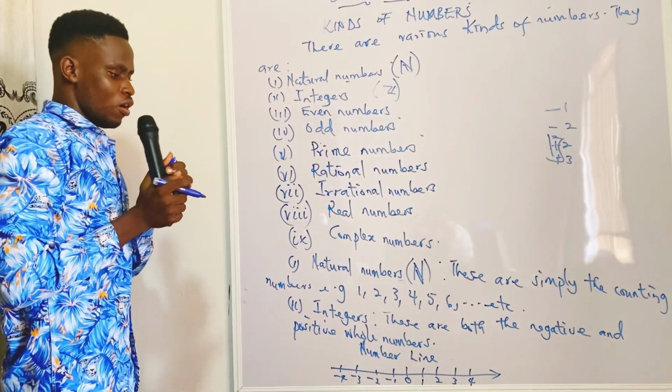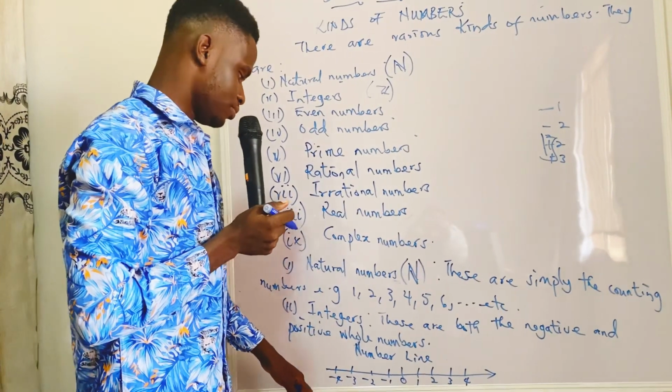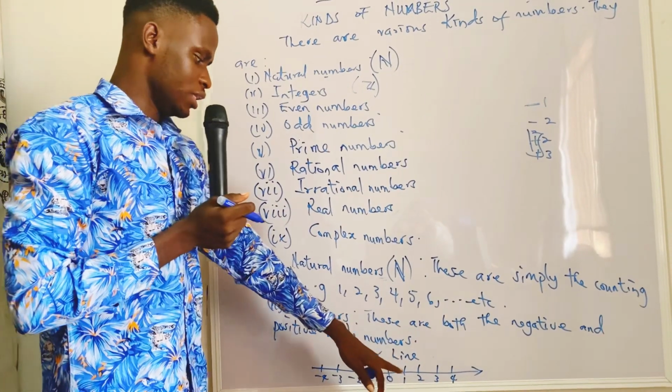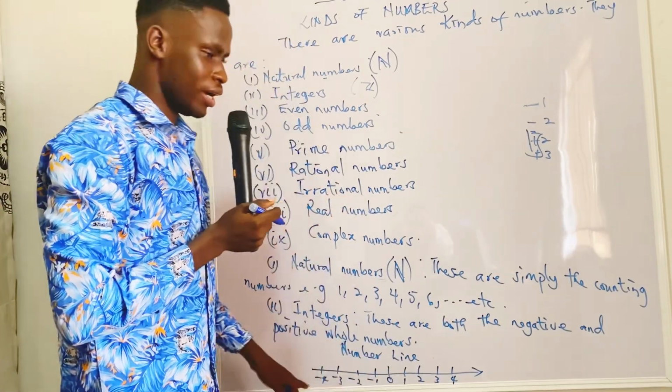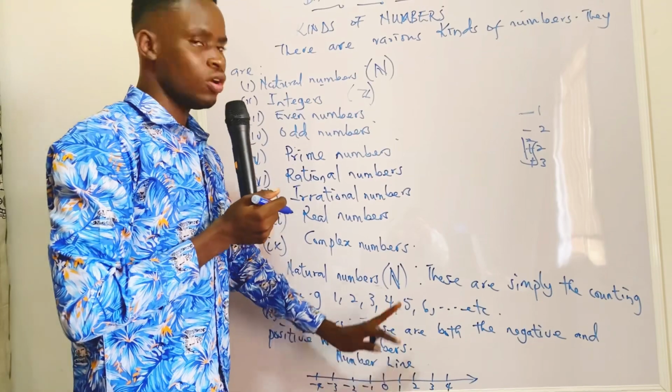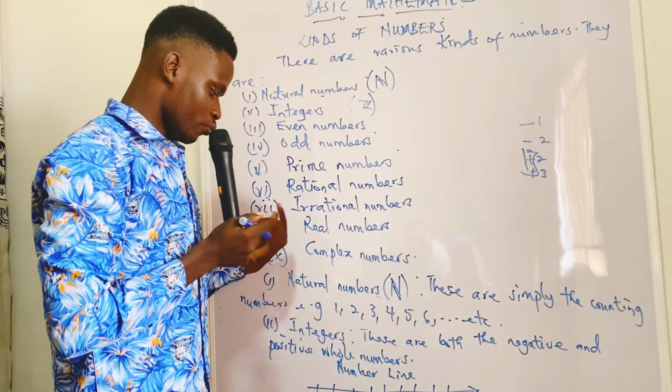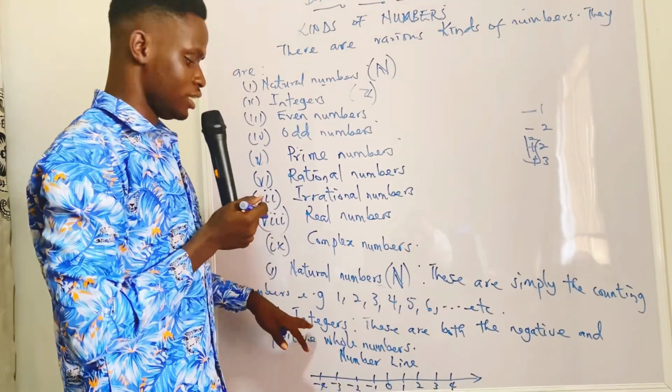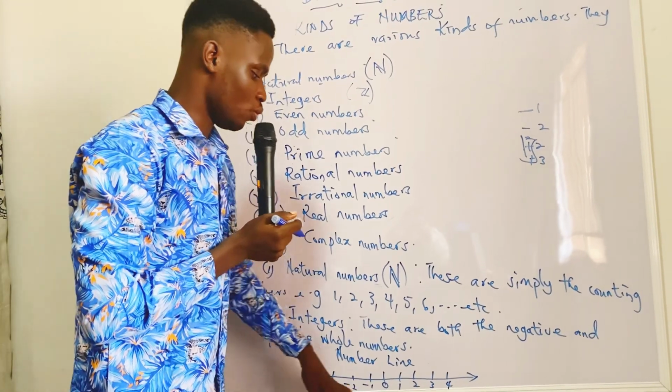Now all the numbers seen here are whole numbers. But don't forget that between 1 and 2 we can have decimal numbers, though we are not moving to that now. We're only dealing with integers, so we'll only be considering the whole numbers.